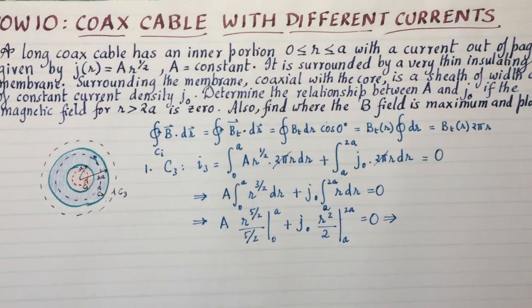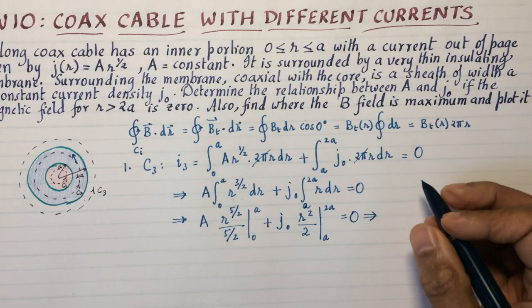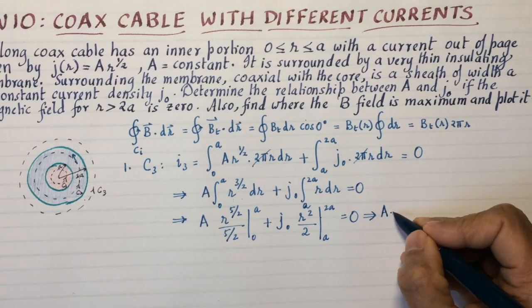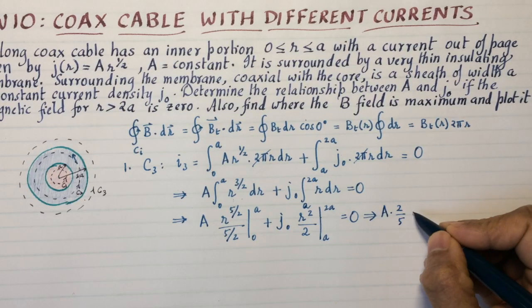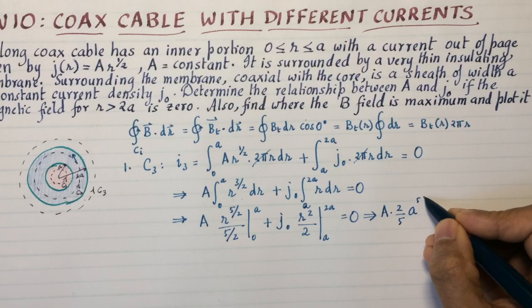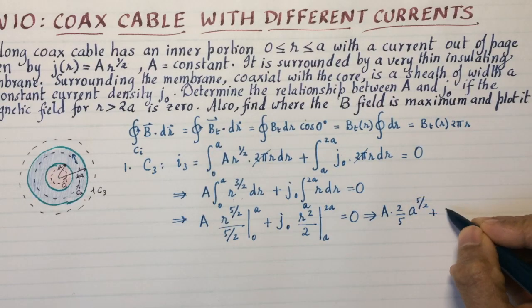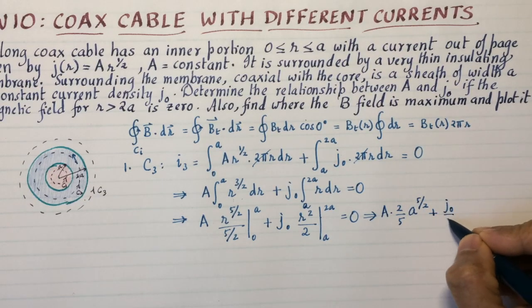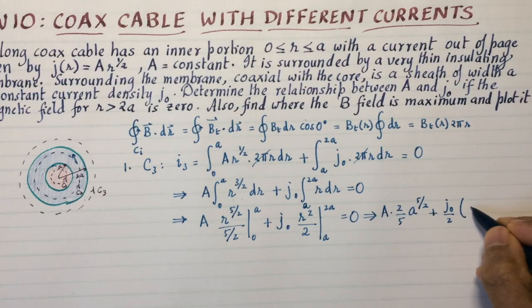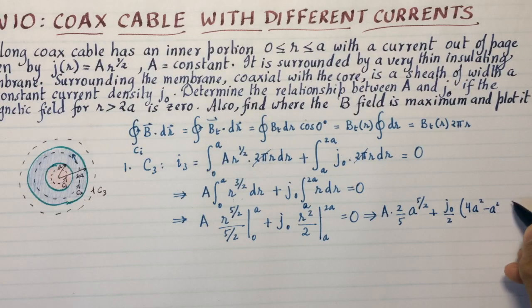This can be solved. So I have A times 2/5 a to the 5/2 plus J0 over 2, 2a squared, which is going to be 4a squared minus a squared, is equal to 0.